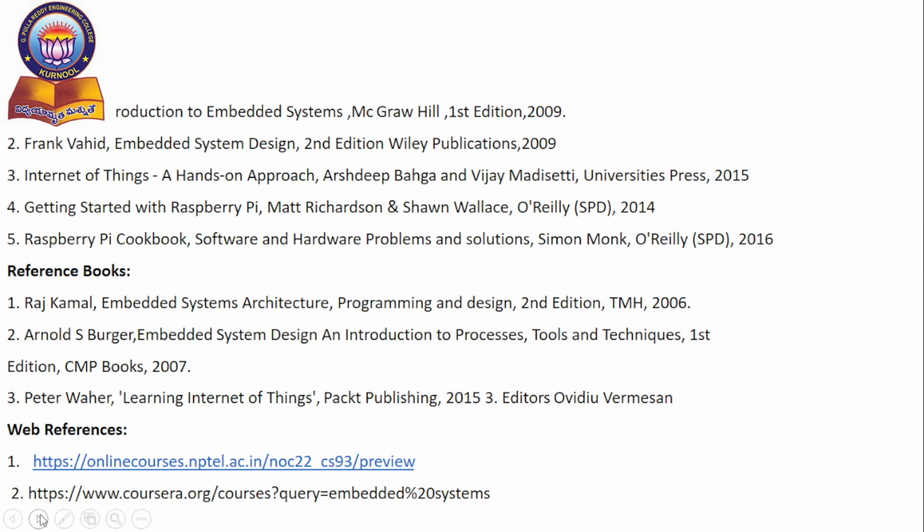Some programming knowledge with respect to Arduino can be obtained through Embedded System Design by Arnold Berger. Then some knowledge on ARM processors can be obtained from Stu Ferber's textbooks. We are also providing some online NPTEL, Coursera, and Swayam course links, where we can utilize some online resources for gaining our knowledge.